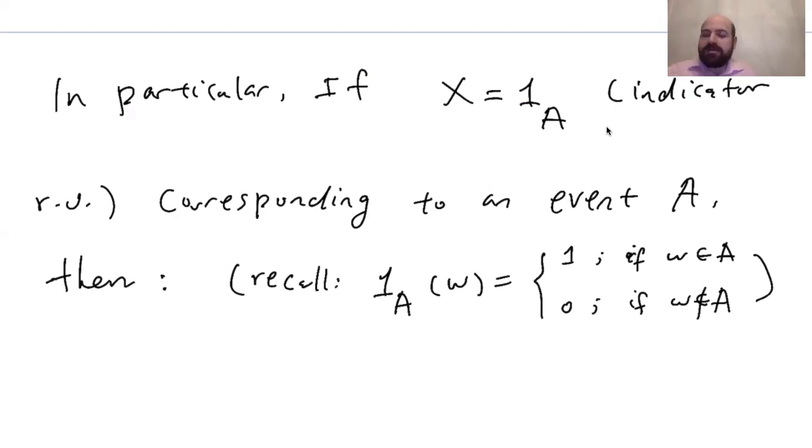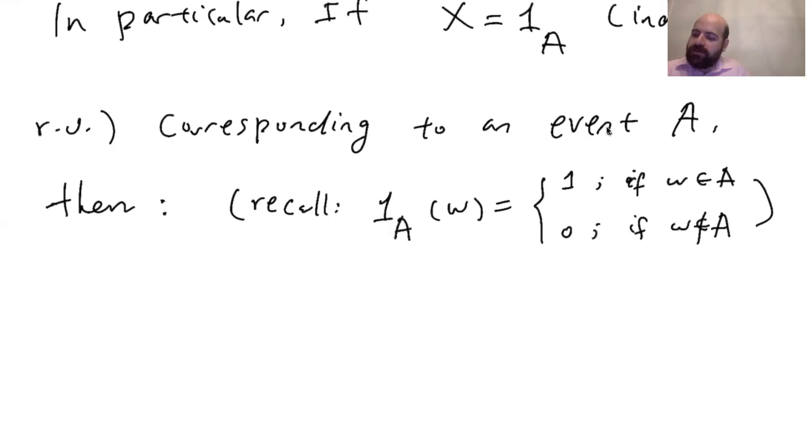The output is going to be 1 if omega belongs to A, and 0 if omega does not belong to A. And A here is an event, which means a subset of the sample space. Now A is fixed. To define 1_A of omega, you just look: if omega is in A, the output is 1. If it's not in A, the output is 0.